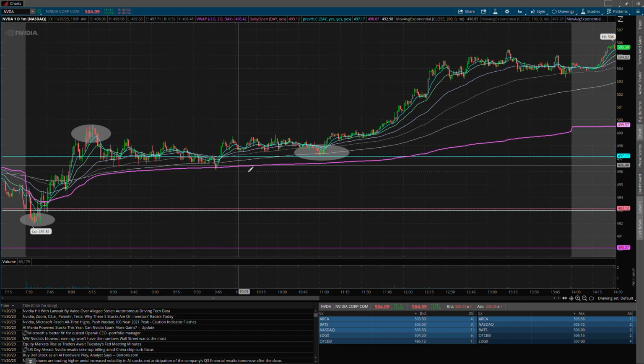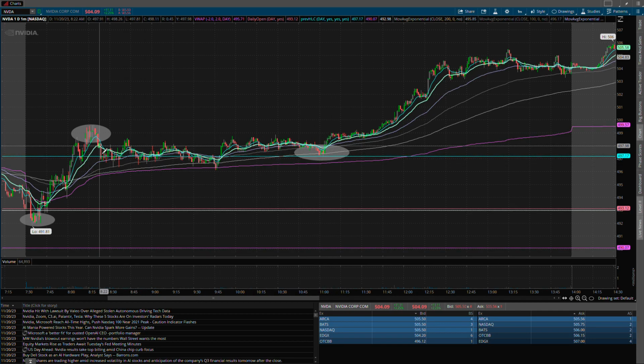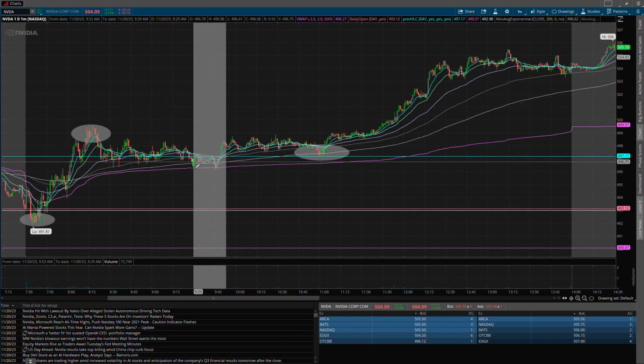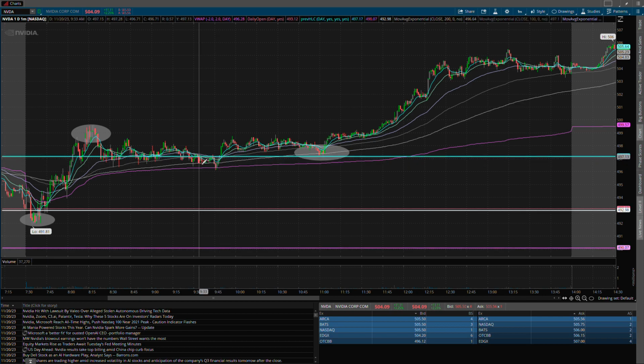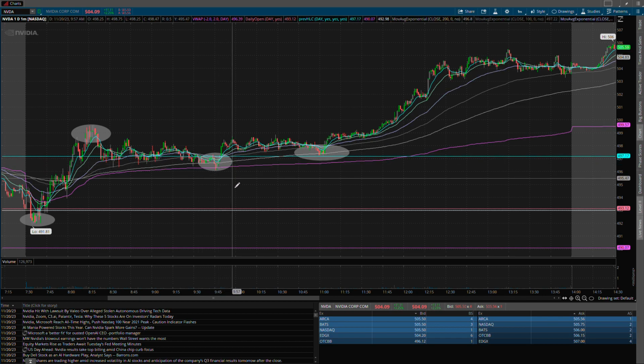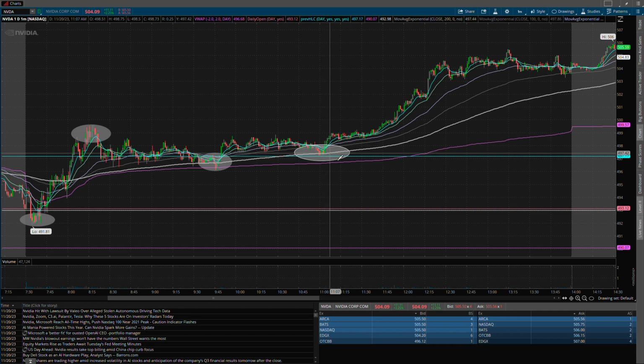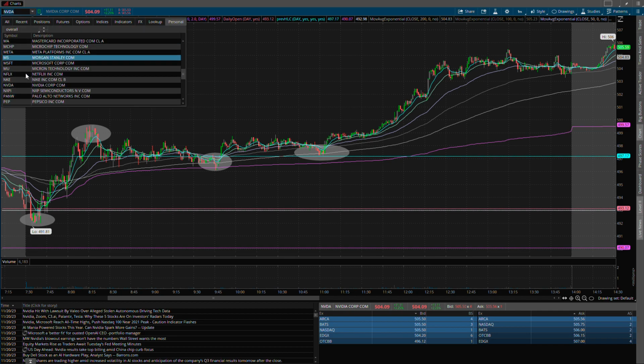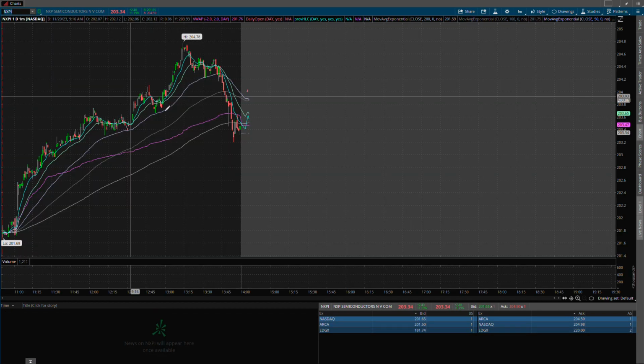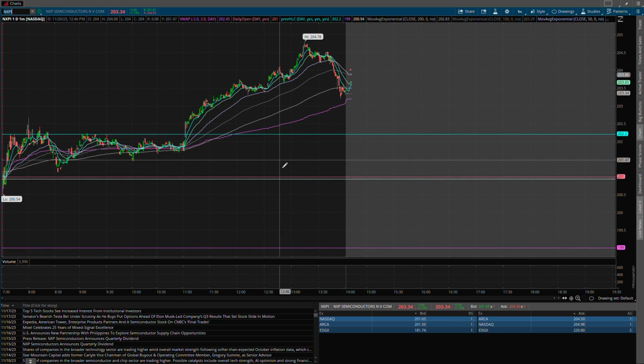Right there, huh? But how would I know? See, I could have gotten in here, and nothing would have happened for quite a while, right? It would just move sideways. So stop loss is incredibly important. So that's what's happening here.